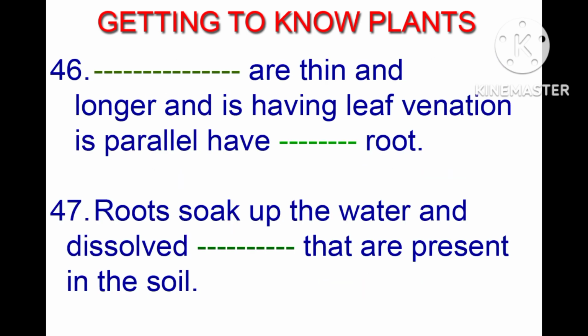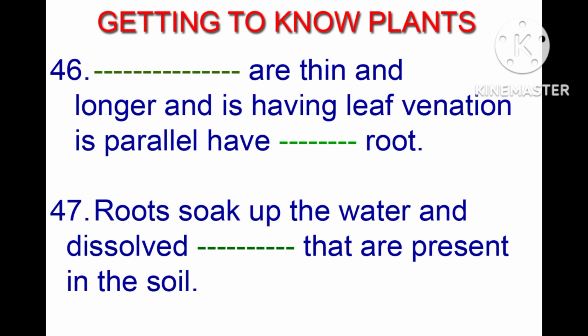46. Dash are thin and longer and have parallel leaf venation and have dash root. The answer is fibrous root and grass leaves. 47.